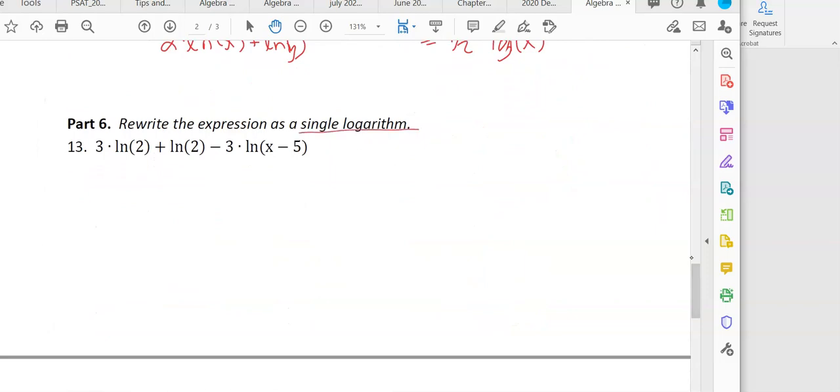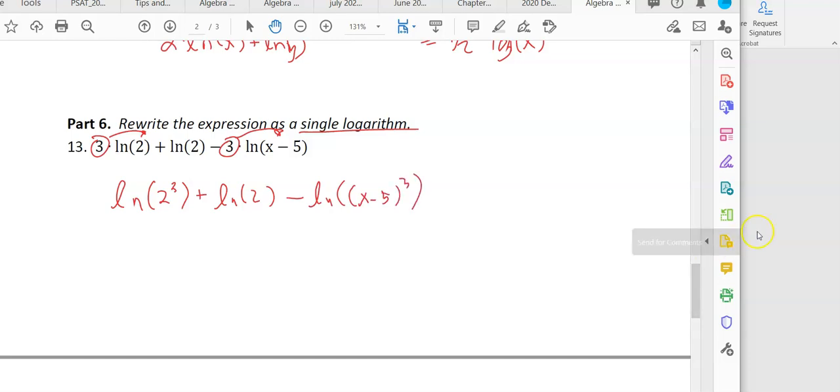Now we're doing the opposite. We're trying to compress this together. So you want to push this together first, take care of the exponents. Those have to move up. So I get natural log of 2 to the third plus natural log of 2 minus natural log of x minus 5 to the third power. So this goes together here.